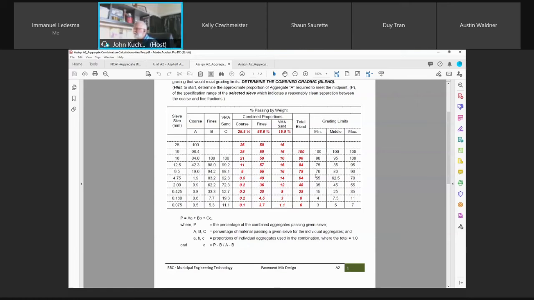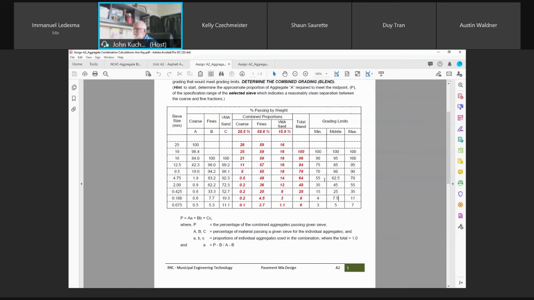Now you can see we're not exactly right, but we're close. 96, we're in here instead of 97.5. 84 versus 85, 78 versus 80, 64 versus 62.5, 48 versus 45, 28 versus 25, 8 versus 7.5.